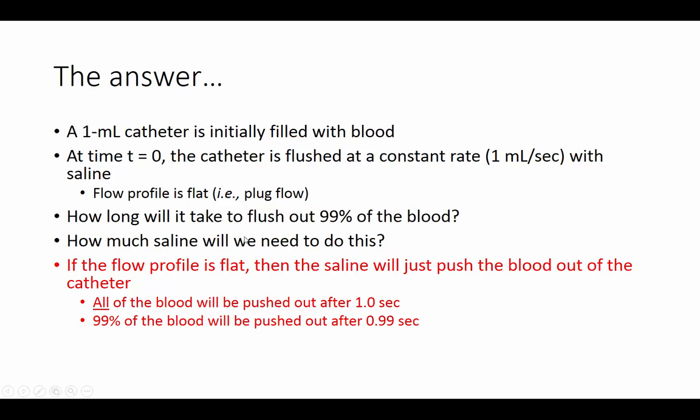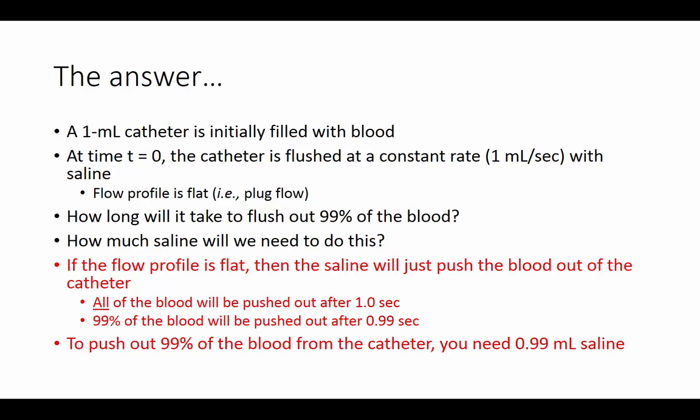And so again, it's as simple as that, because with plug flow, blood is simply being pushed out at a constant rate. And so to push 99% of the blood from the catheter, what you need is 0.99 milliliters of saline. So, that simplifies this problem quite dramatically, as we can see here.